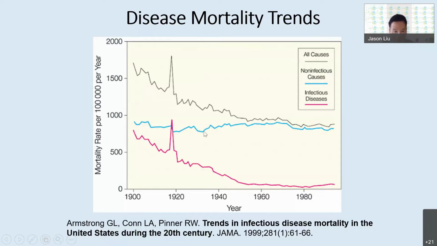Anyone know the reason for the spike here? Yes, it's because of the 1918 flu. If we continue to plot this trend, we might see another spike in 2020 because of COVID-19, so the mortality rate in 2020 may be especially high. So this is an example of a disease mortality trend.